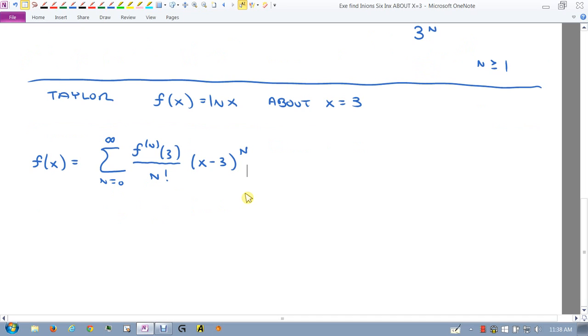So when I plug in 0, what do I get? What was the 0th derivative at 3? It was ln 3 over, so for 0, I'm going to put 0 factorial still. And then x minus 3 to the 0. Plus. Now, from here on out, I have a formula, don't I?